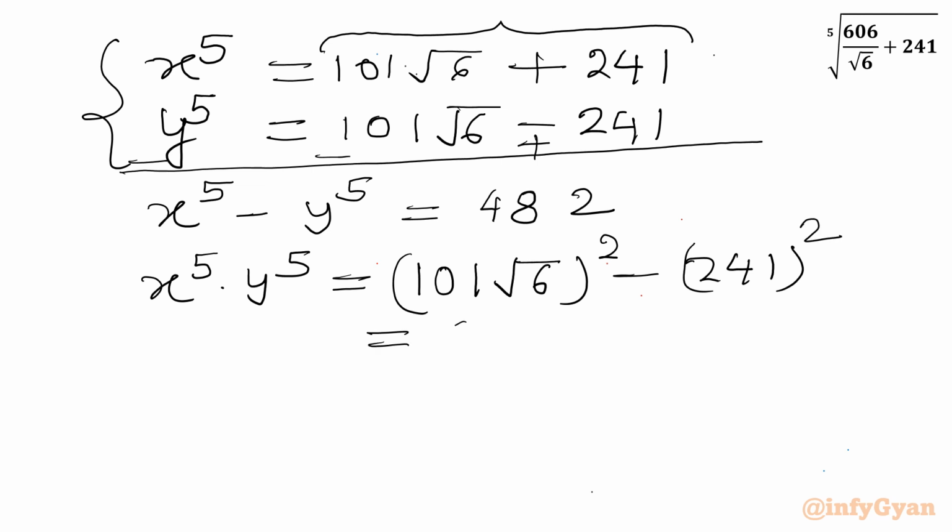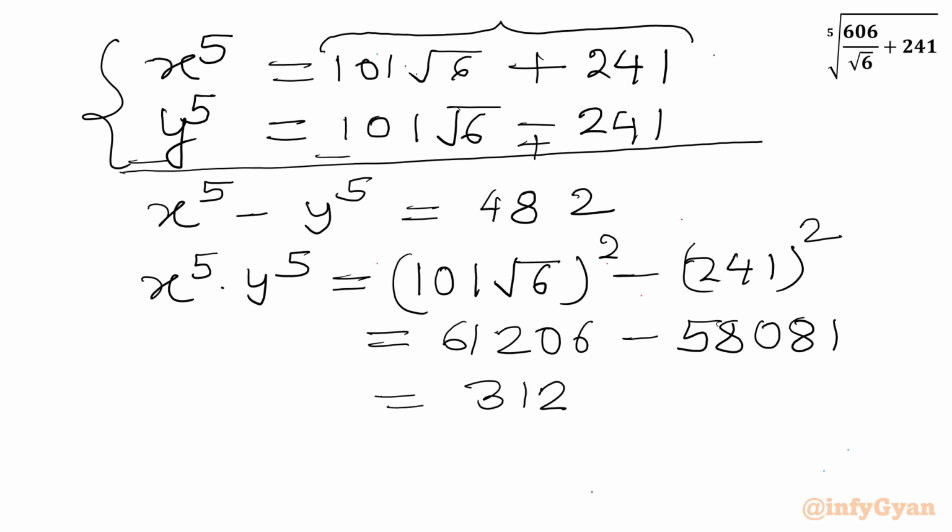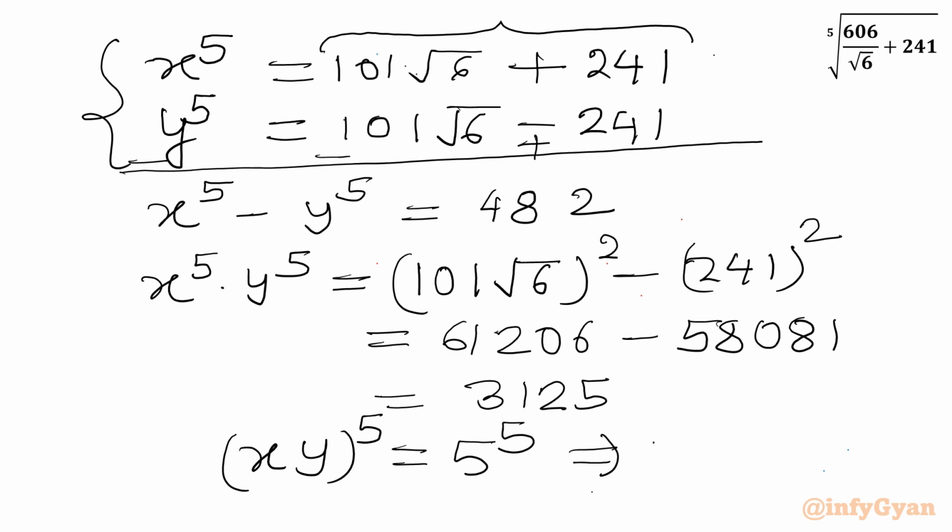So this is 61,206 and 241 square is 58,081. The difference will be 3,125, which will be the fifth power of 5. Left hand side it is xy whole power 5. Conclusion from here, xy will be equal to 5.